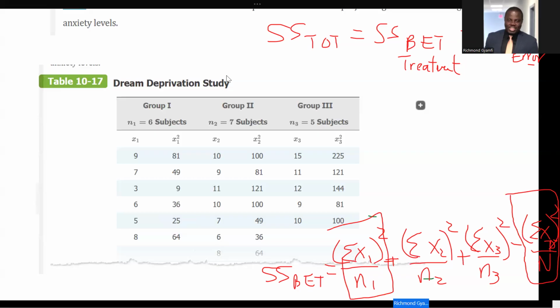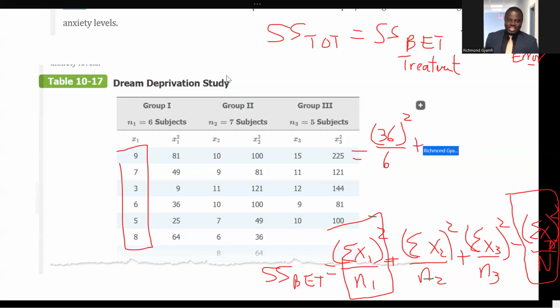So this is summation of x1, and we did that too. Summation of x1, we got 36. So you put a square on that. Remember, this is just add all the x's and put a square on it. So SSbet, for the first one, we're going to have 36 squared over n1, which is 6, plus. For summation of the x2, that is adding all the x2 together, we got 61.